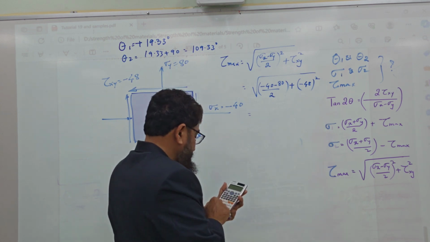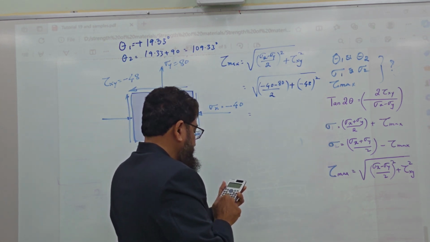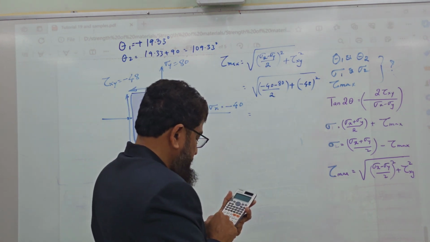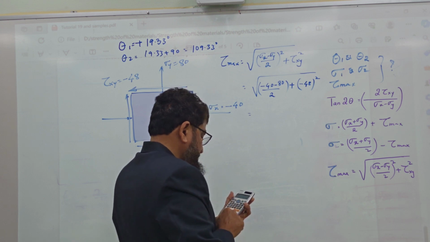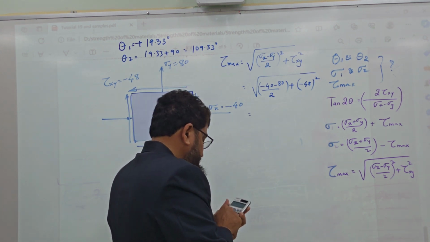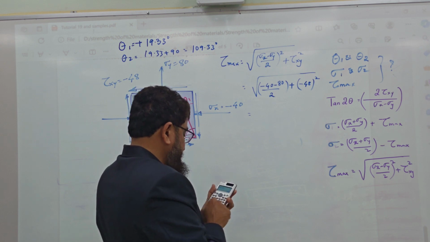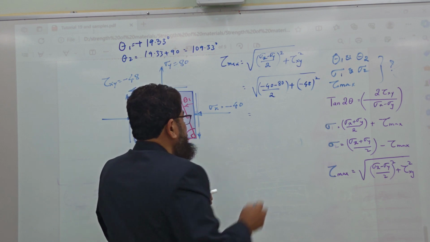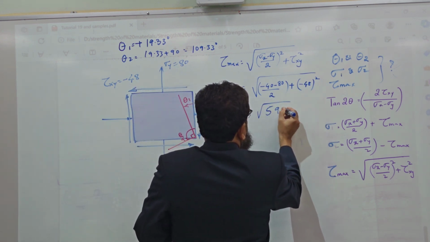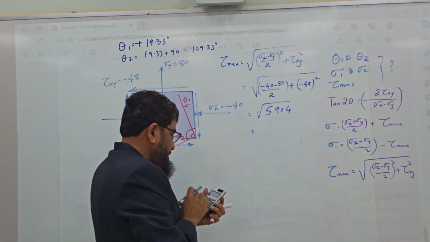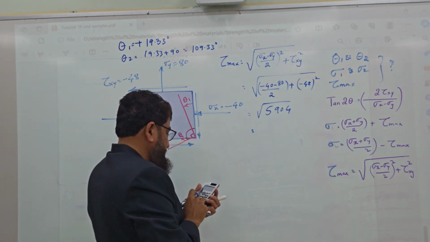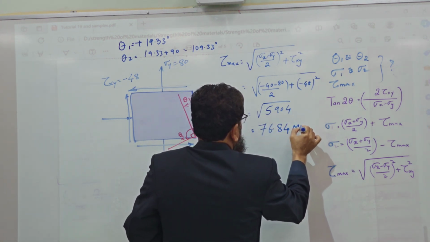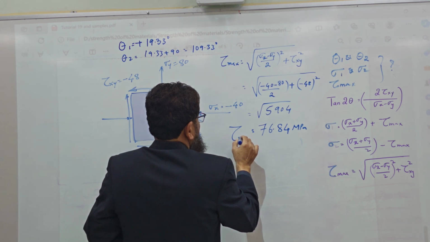This gives me 60 square, so 48 square, under the root, 5904. Root of 5904 gives me 76.84 megapascal. This is my tau max.